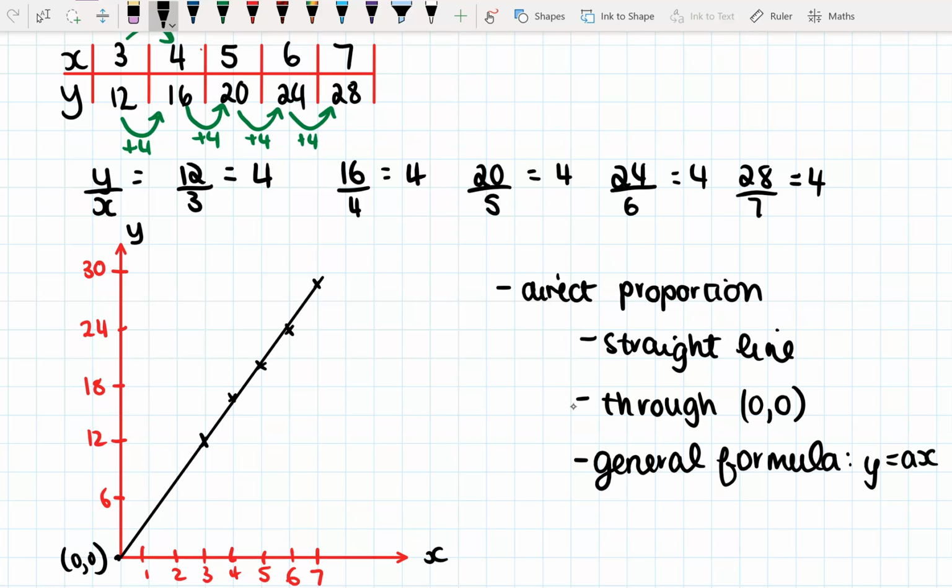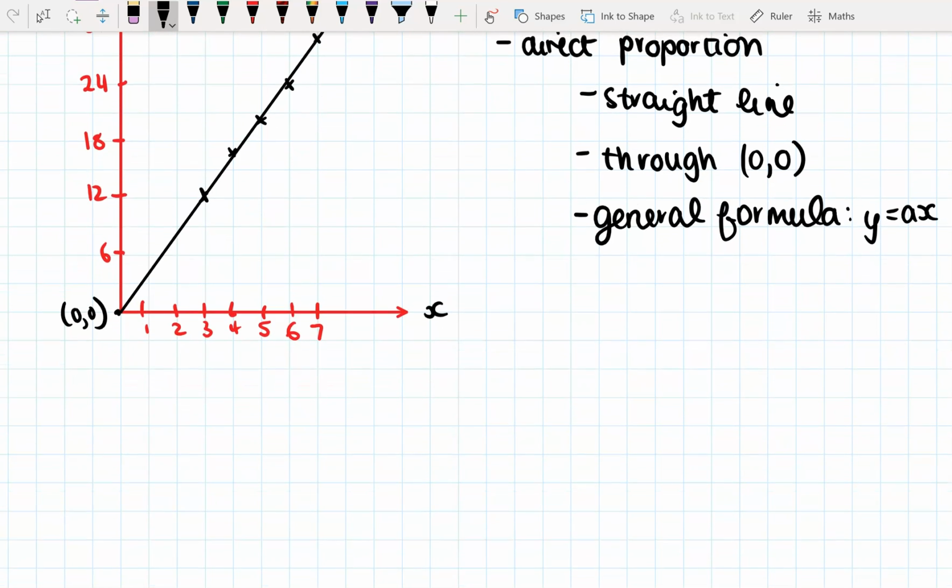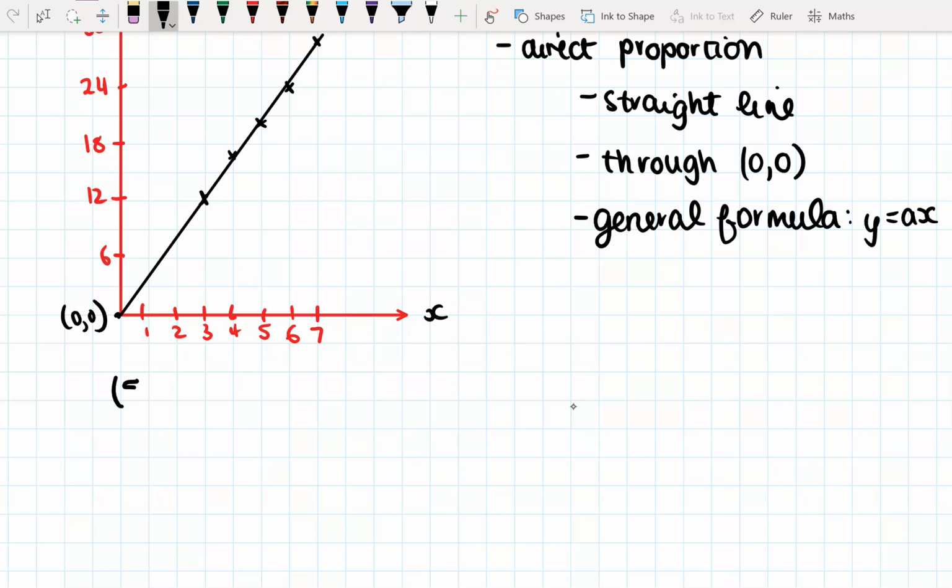Let's look at a value in the table. We're going to look at 5, 20, which is one of our points. We know our general formula is y equals ax. In this case, our x is 5 and our y is 20.